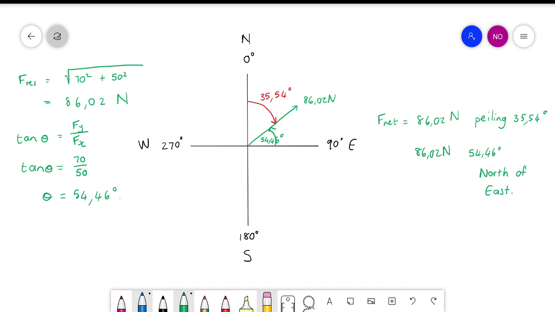Jy begin op die horisontaal, so jy gaan sê of noord van oos of noord van wes, of suid van oos, suid van wes. You start on the horizontal, and then you move up or down. Noord van oos. Jy begin op oos, en dan gaan jy of boontoe of onder toe. So of na noord, of na suid.